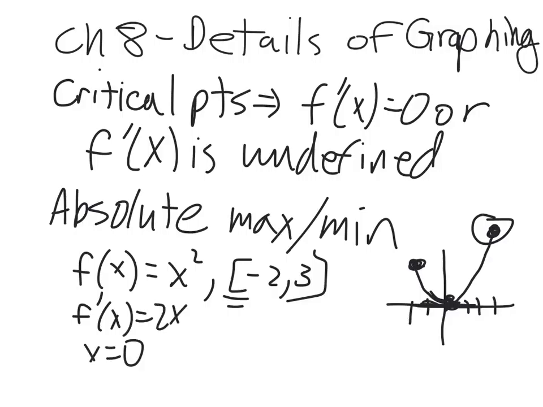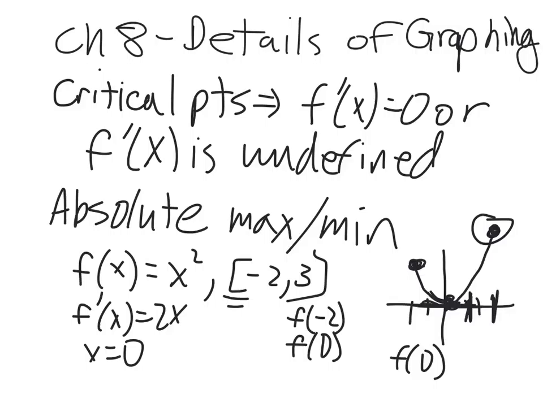But what we'd have to do, we could show x equals 0 is a critical point, and then we'd have to calculate the function value at both endpoints as well as the critical point in the interval. That's key as well. Sometimes the critical points are not in the interval. If this would have been from 1 to 3, then our critical point would not be used because it does not fit in the interval.